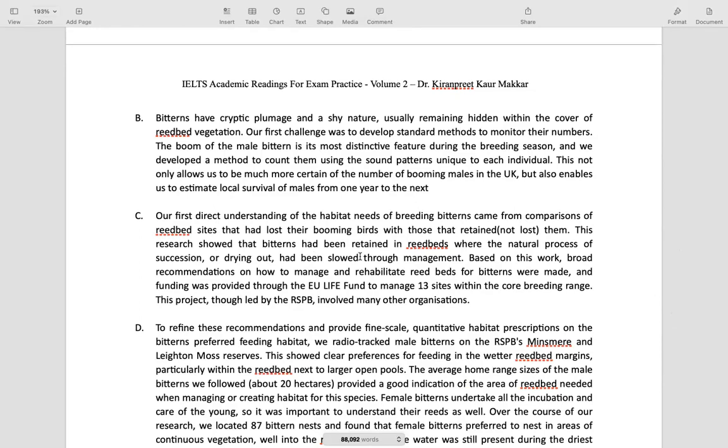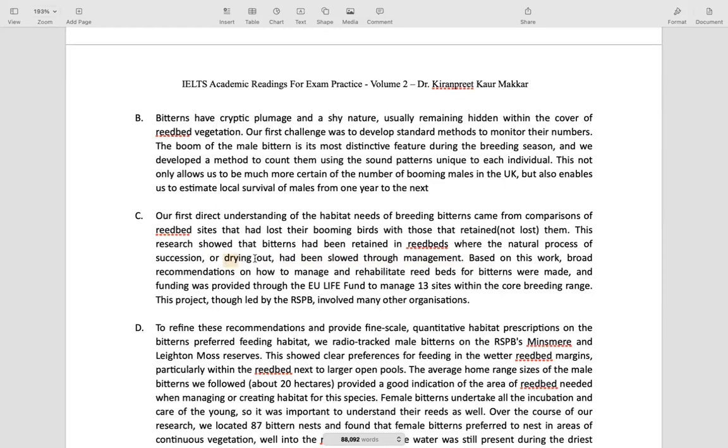They were telling bitterns had been retained in reed beds where the natural succession process or drying out had been slowed through management. So what happened? Tell me. Which reed bed sites retained them?